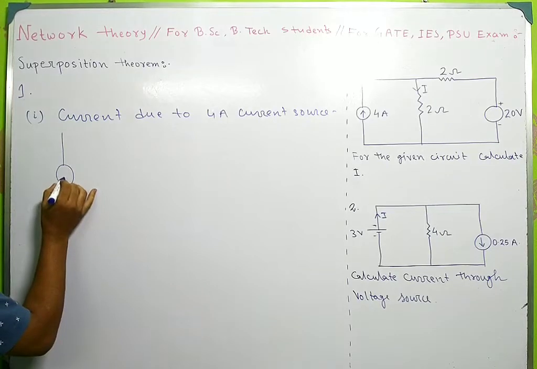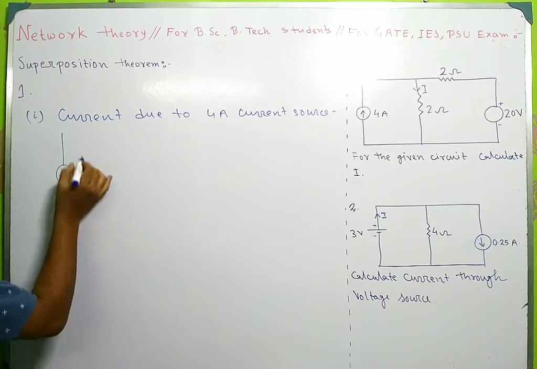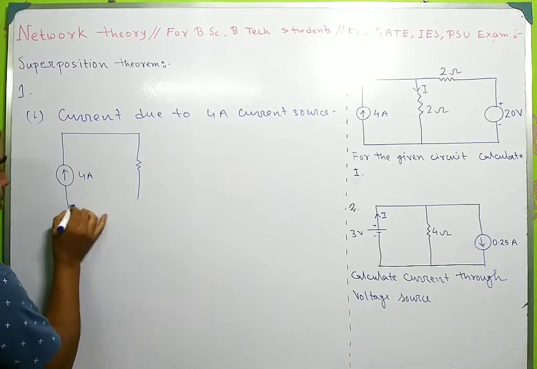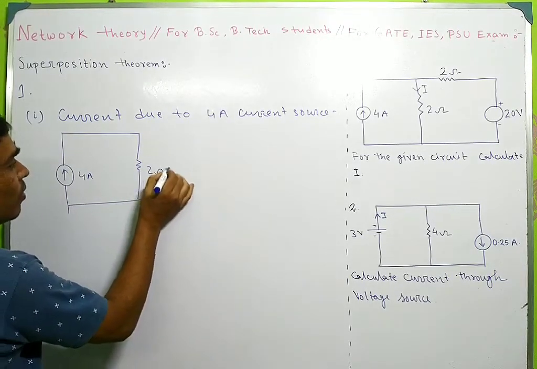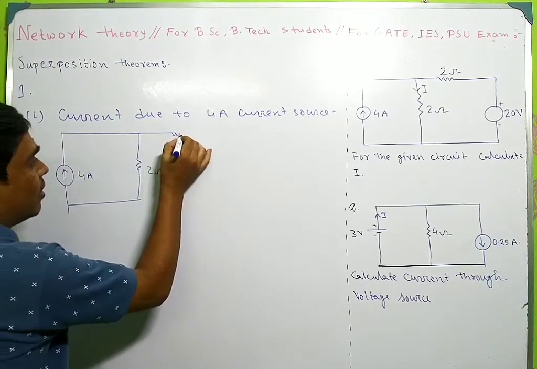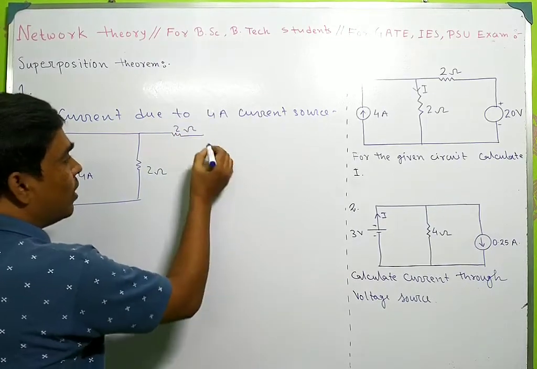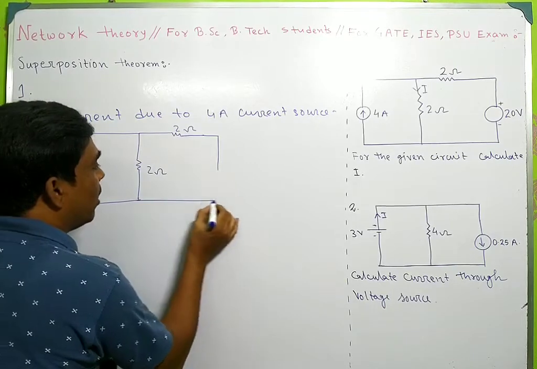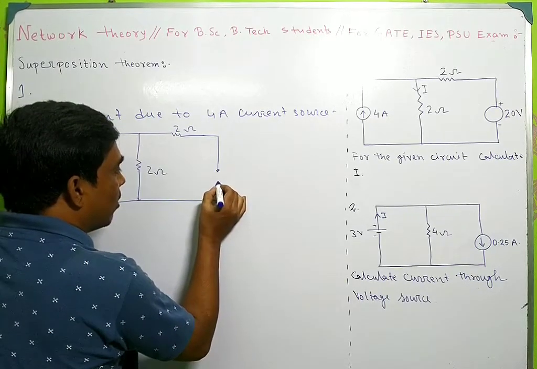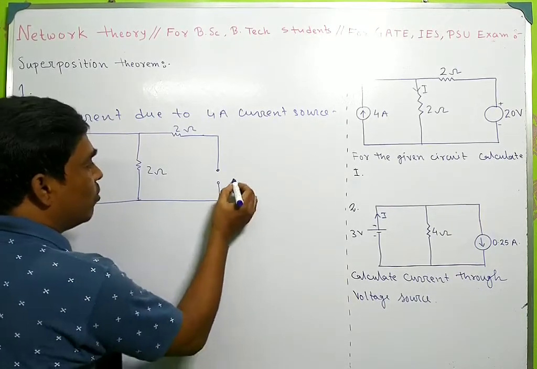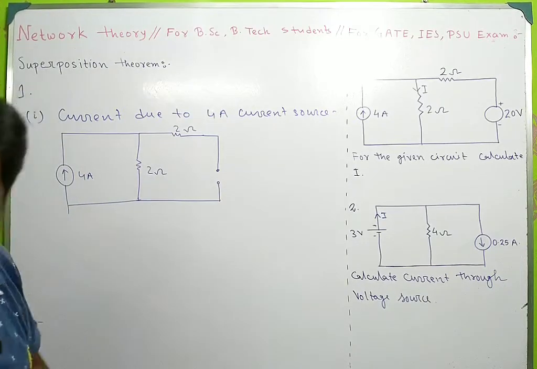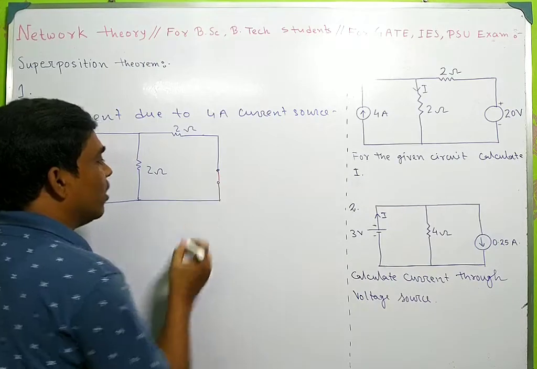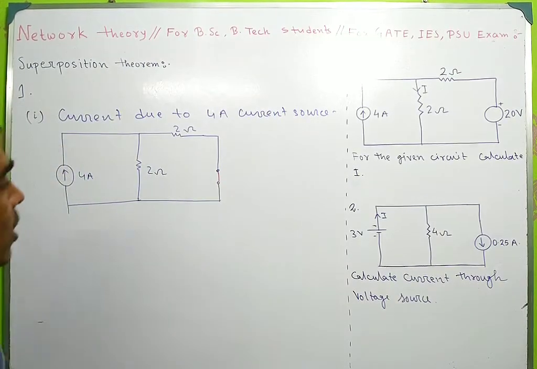This is the 4 ampere current source, and this is a resistance of 2 ohm, and this is a resistance of 2 ohm, and this voltage source is to be short circuited.